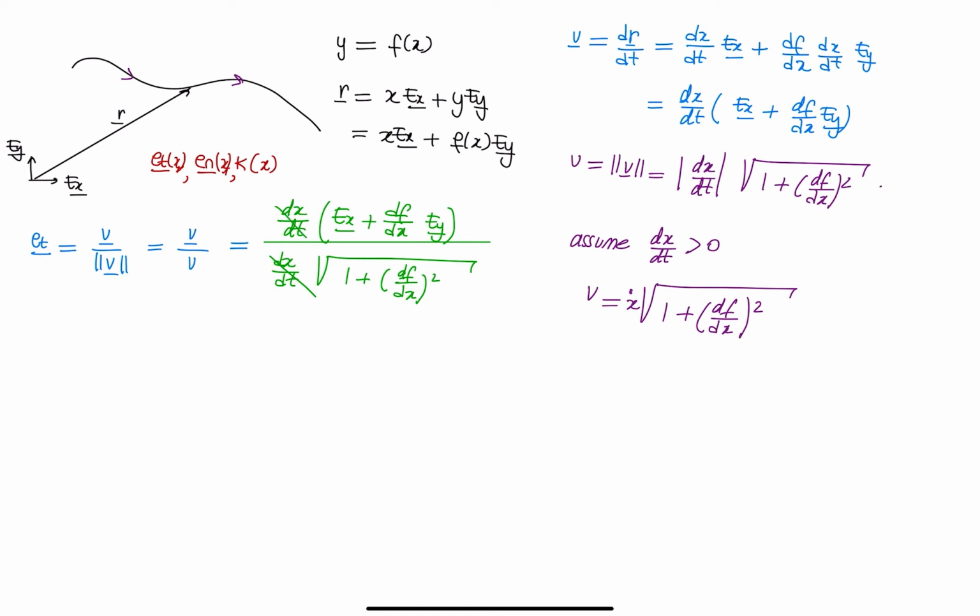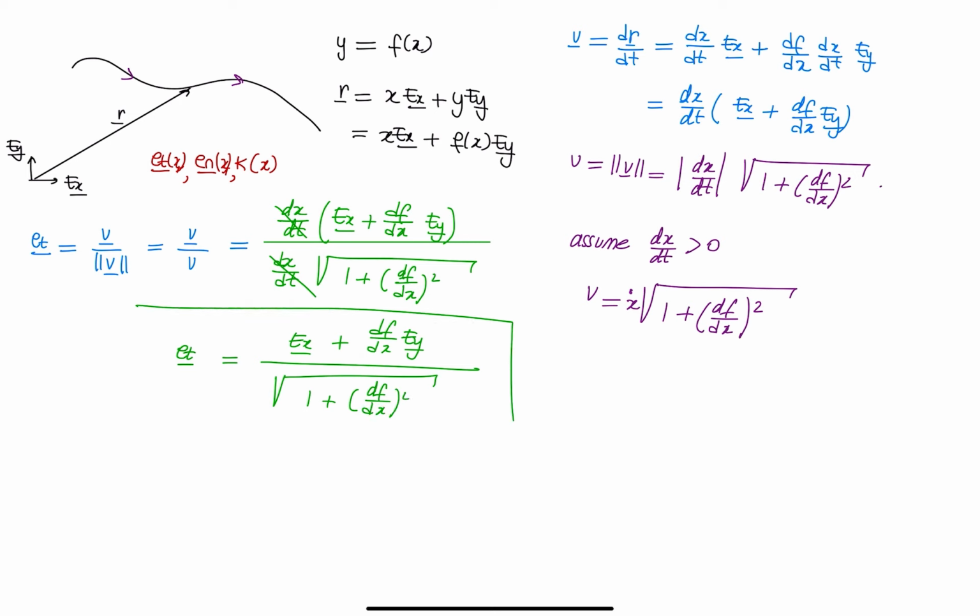These two terms cancel out, and I'm left with that. e_t is equal to e_x plus df by dx e_y over the magnitude. Okay, that's awesome. We calculated e_t as a function of x. It involves the derivative of the function f, and it's been pretty easy so far.